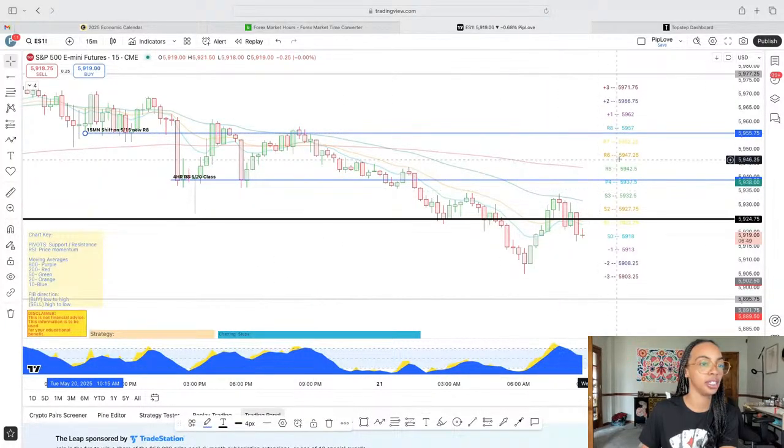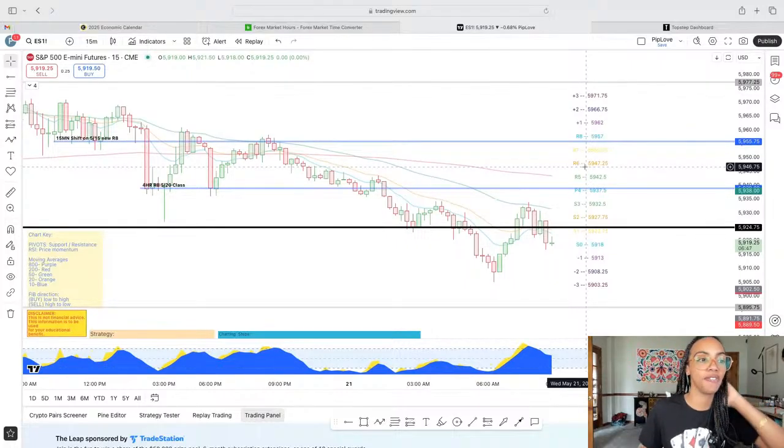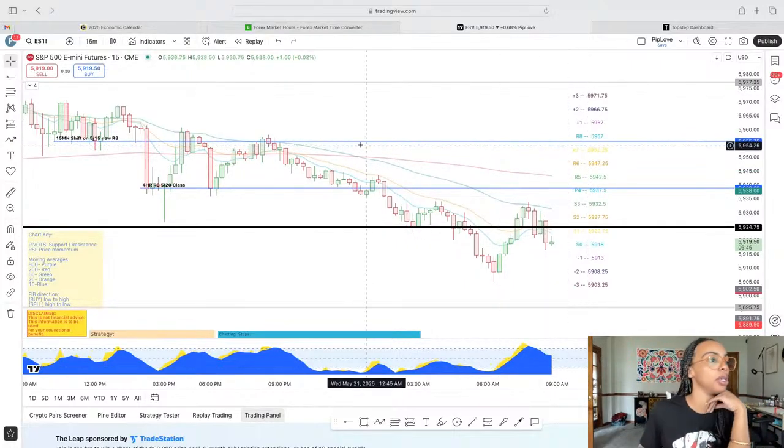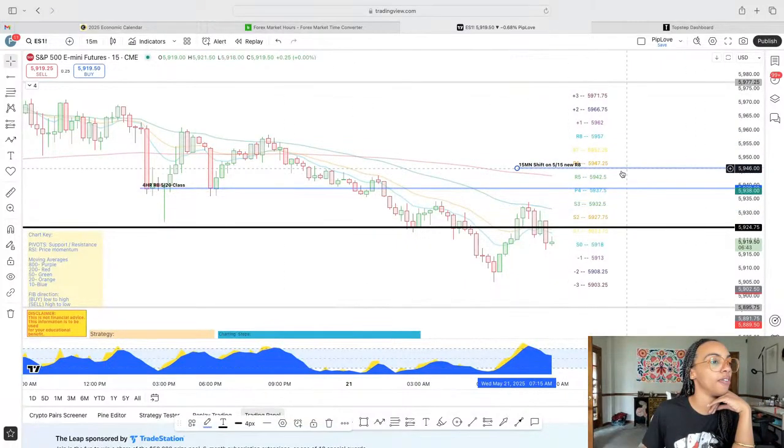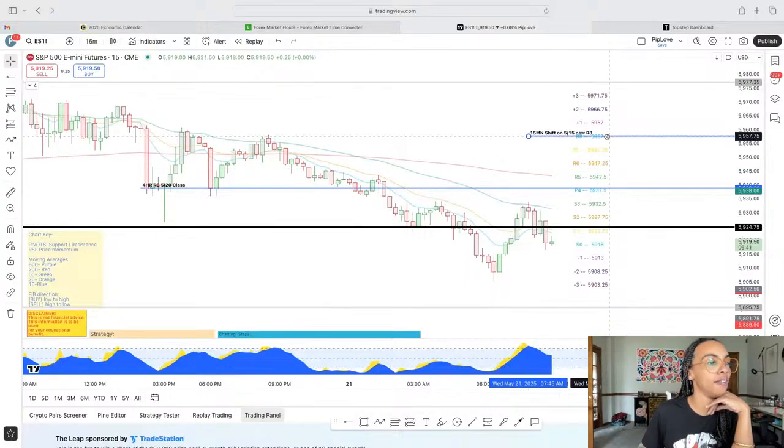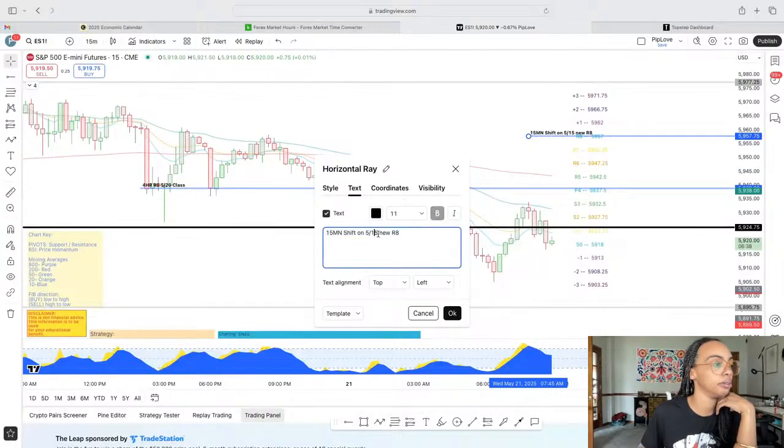So the R8 on the 4 hours is here at 59.40. We have our 15-minute R8 at 59.57. Wasn't a shift.